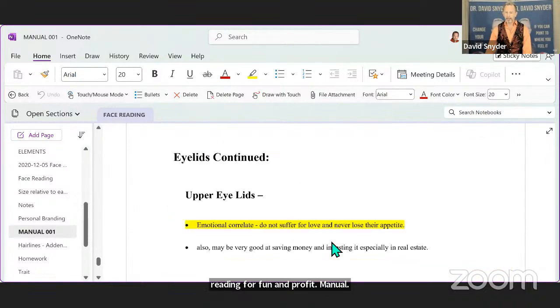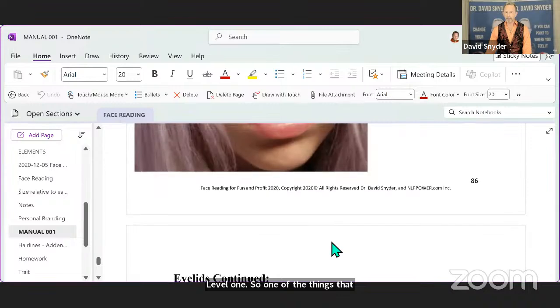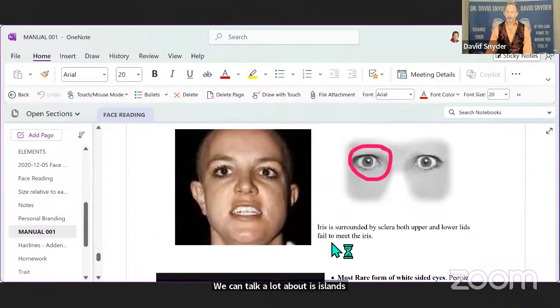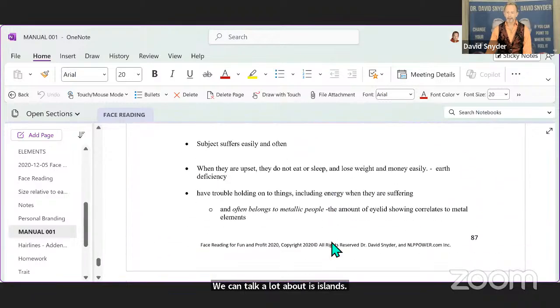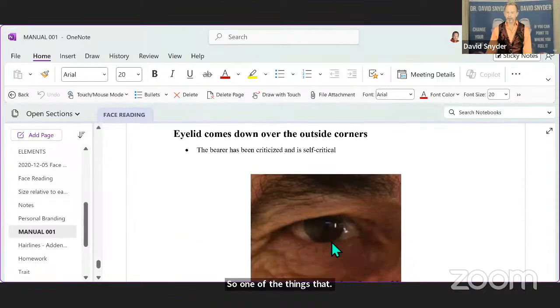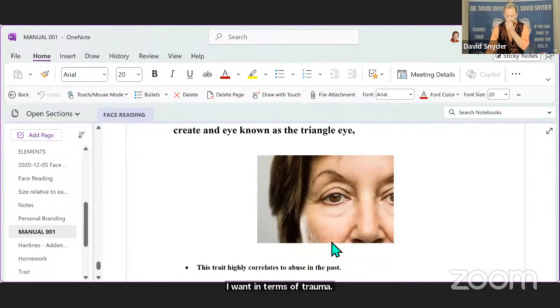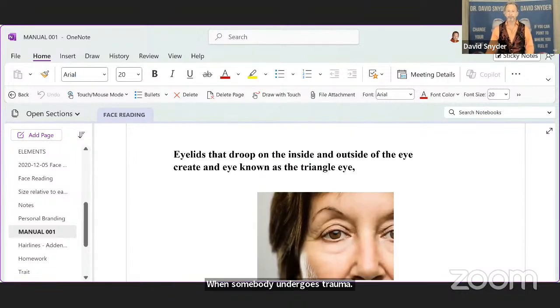So one of the things we can talk a lot about is eyelids. In terms of trauma, when somebody undergoes trauma, the eyelid will start to droop, and it'll start to create a triangular shape to the eye.